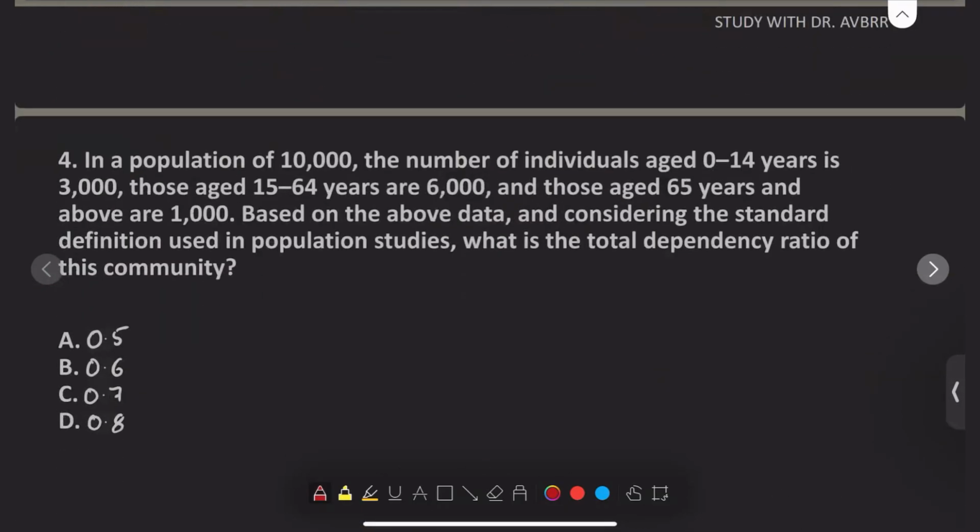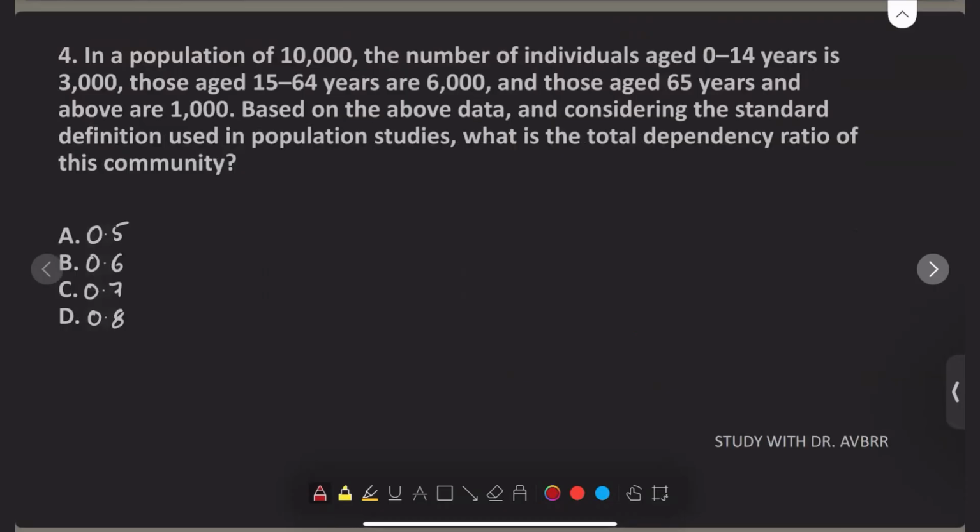Let's move on with the next question. Let's read the last line. What is the total dependency ratio of this community? They're asking for dependency ratio. Okay. Let's read the question. In a population of 10,000, the number of individuals aged 0 to 14 years is 3,000.